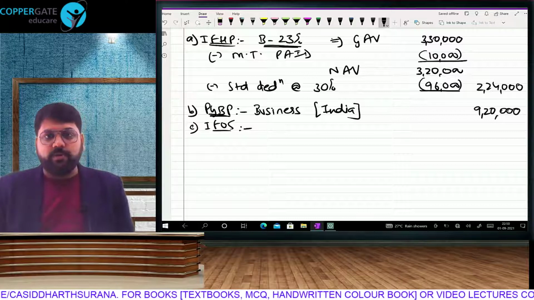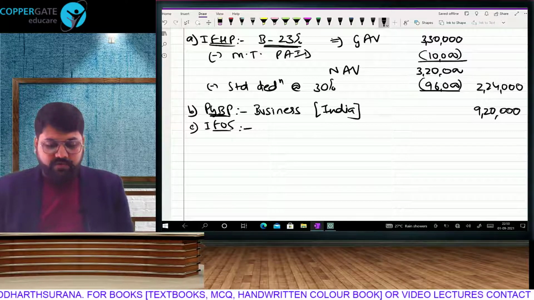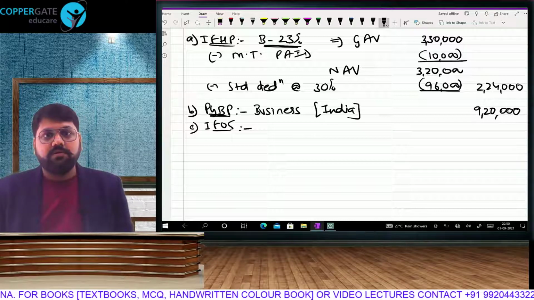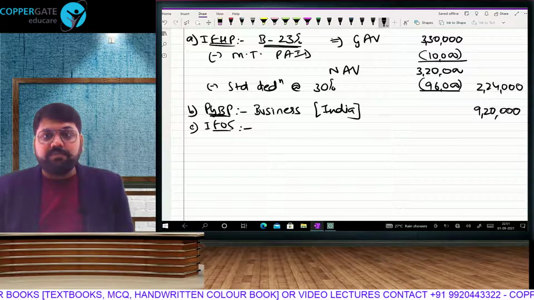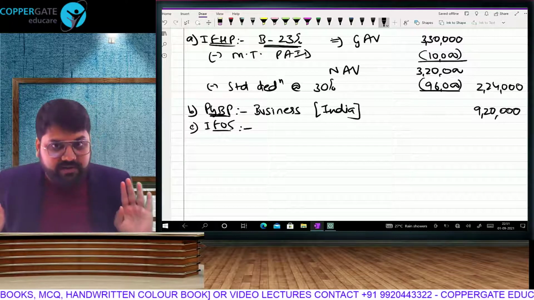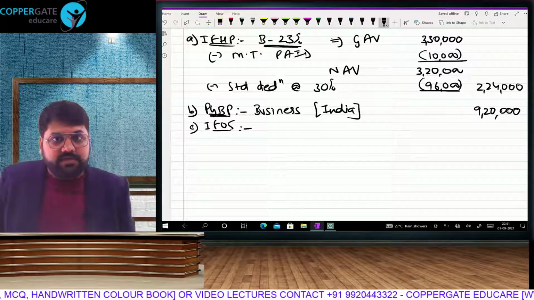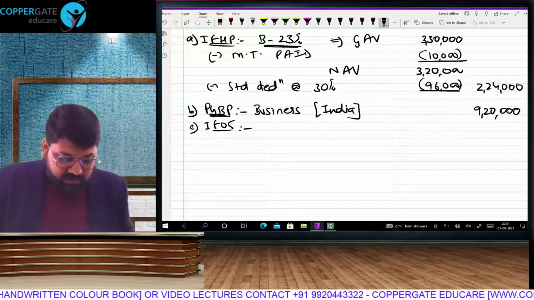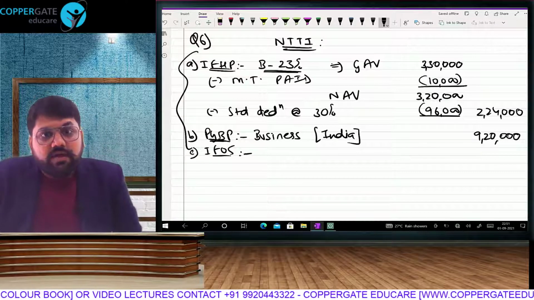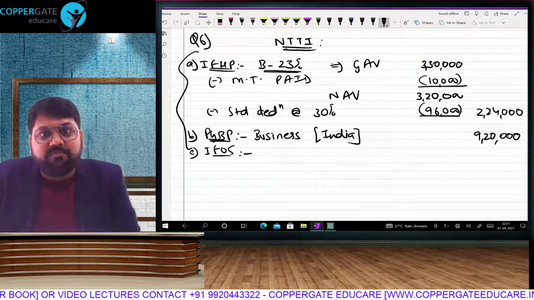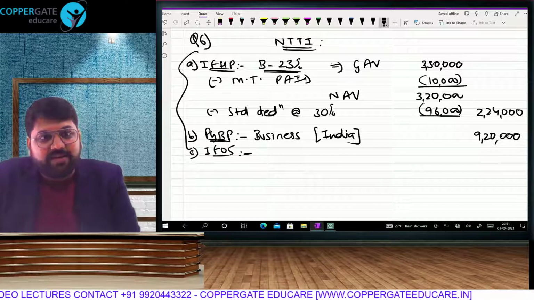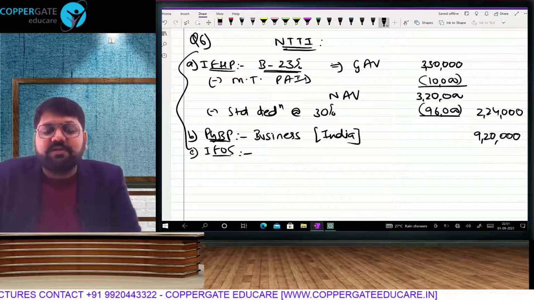For example, house property is already considered, or income from business in India is already considered. But still do that. Why? Because one, any income which is not covered till now will come under IFOS. Second, while solving our question till here, if by chance we have missed any income, maybe there was some salary income or some capital gain that we have missed, this will serve as a check.